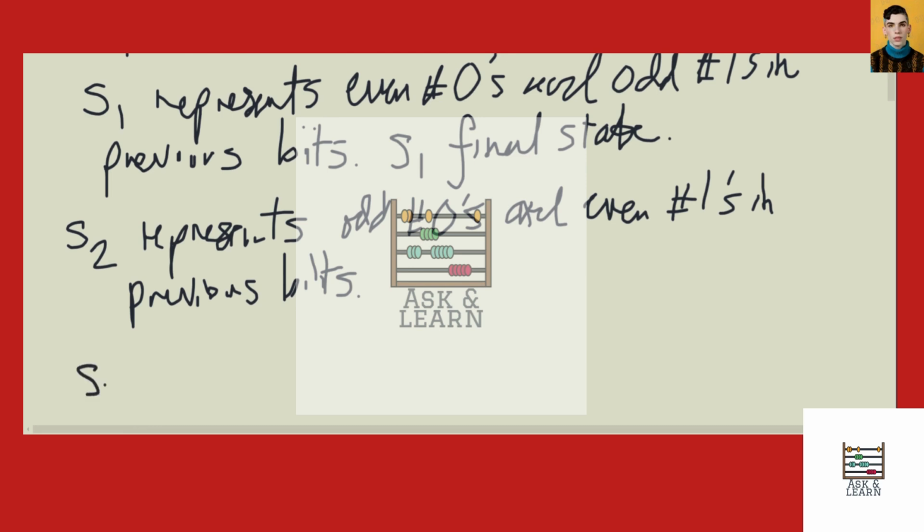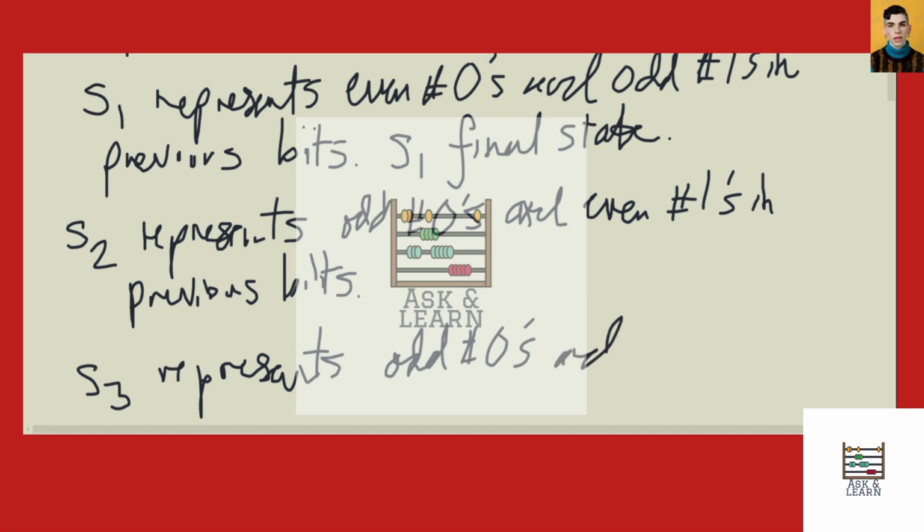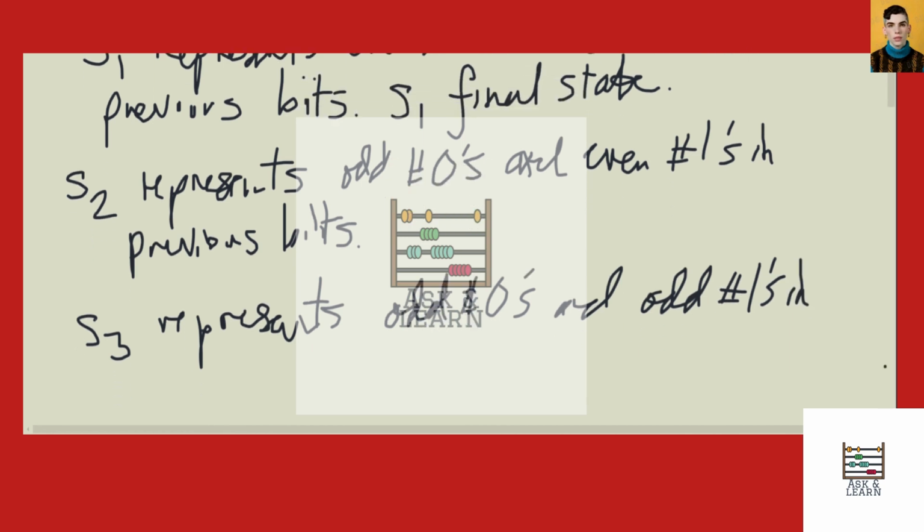And finally, S3 represents that there were an odd number of zeros and an odd number of ones in the previous bits, which is also clearly not a final state.